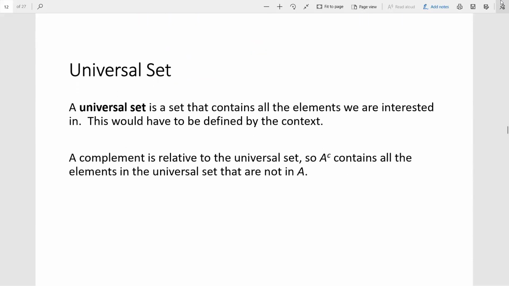Now, a universal set is a set that contains all the elements that we're interested in. This would have to be defined by the particular problem or the context that we're talking about.